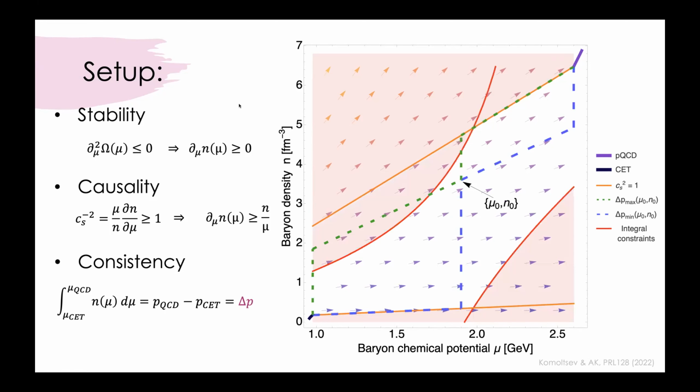But there is more. We can ask at any point here, take any point in this two-dimensional plane and ask what are the minimal and maximal areas under the curve for a curve that goes through that point. So what are the minimal and maximal pressures that can be obtained for an equation of state that passes this point?